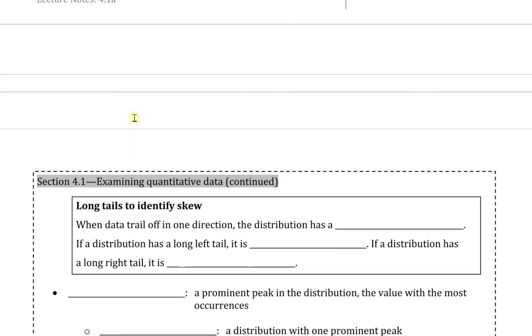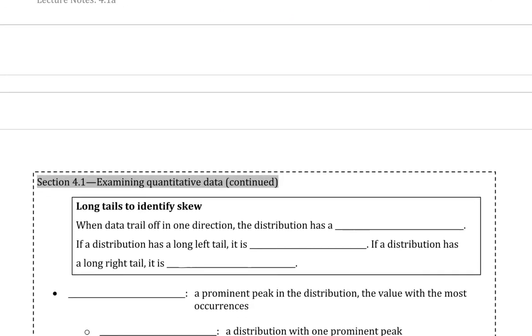Now, a common topic that some students get confused about is being able to identify the skew in a distribution. So let's talk about that for a moment. We use the long tails to identify the skew of a distribution. When the data trails off in one direction, the distribution is said to have a long tail.